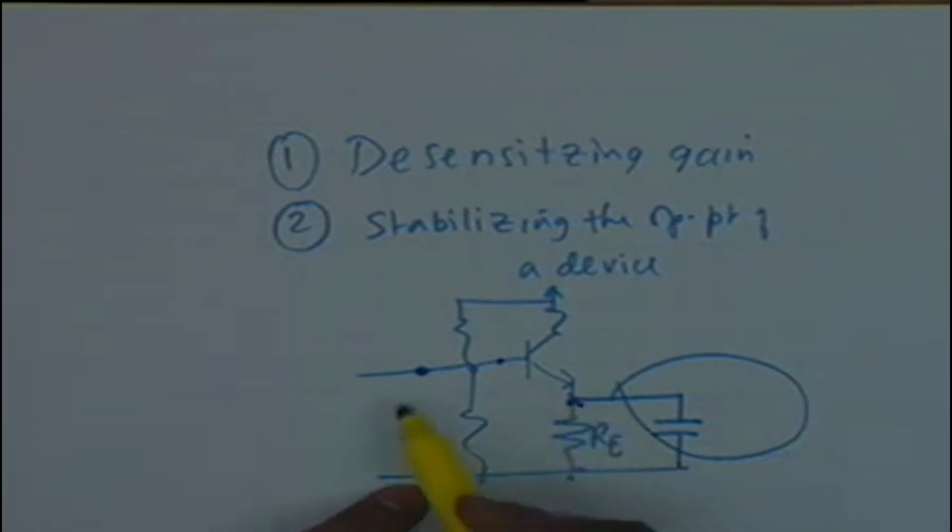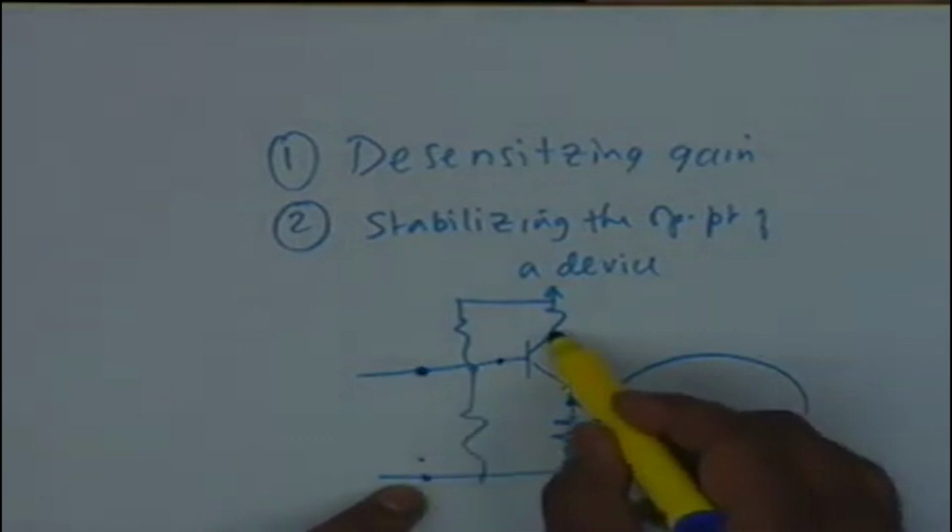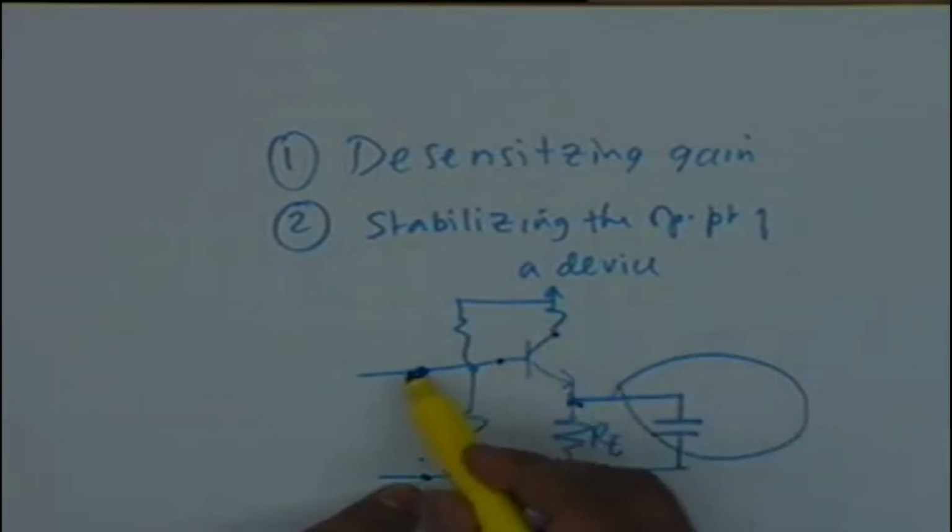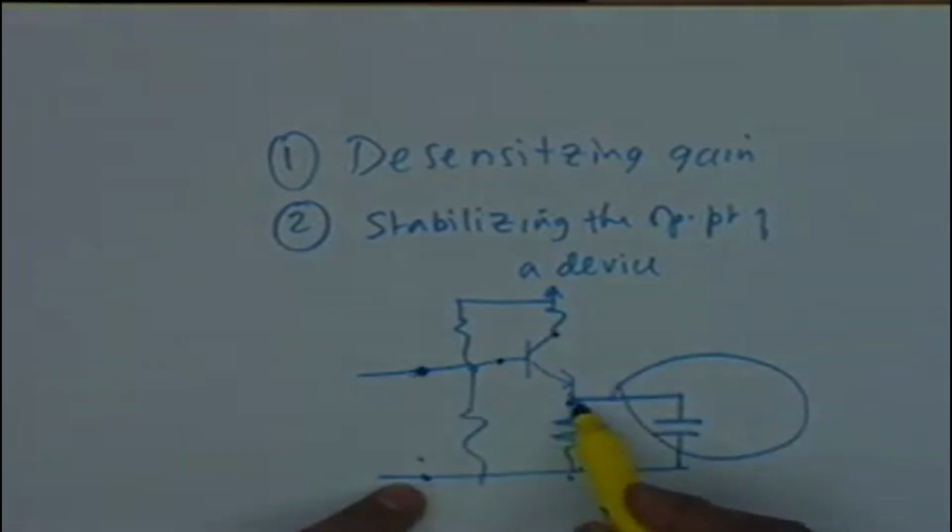All right? This voltage and the collector voltage, they are out of phase. But this voltage and the emitter voltage, they are in phase, and therefore the actual signal appearing between the base and the emitter shall be less if RE is not bypassed. If it is bypassed, then the total signal appears, and therefore RE applies negative feedback.